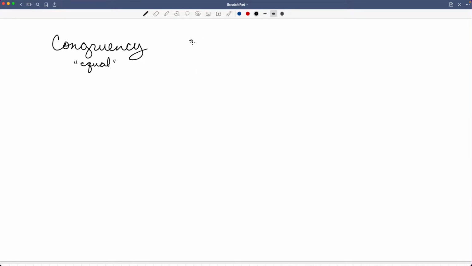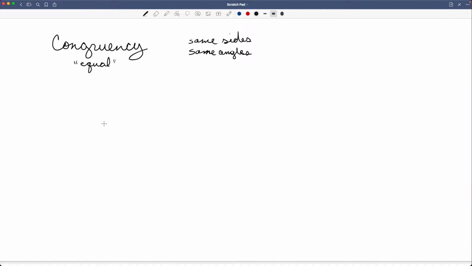And that means you have the same sides and the same angles. When you have those two things, then you have congruency. You have the same shape, right? So that is what congruency means. It means the exact same shape. So this polygon is congruent to this polygon if all the sides and all the angles are the same measure.